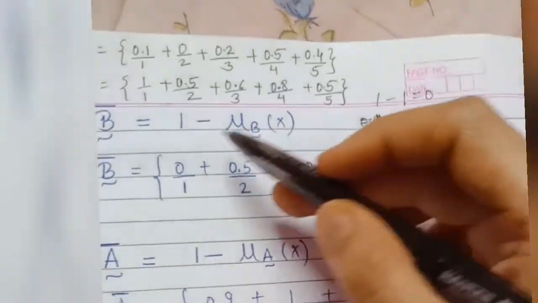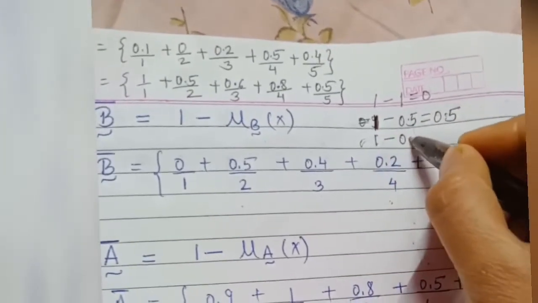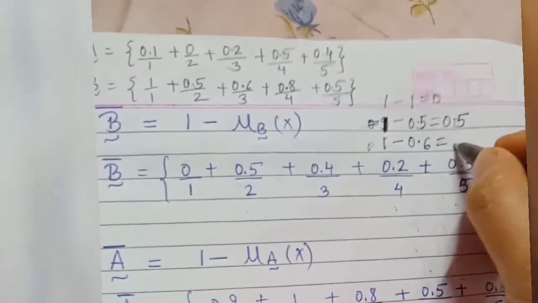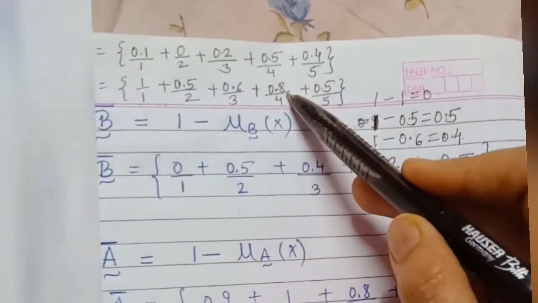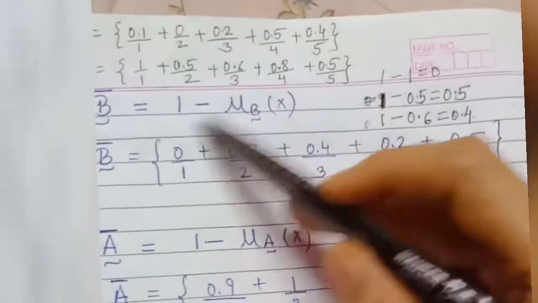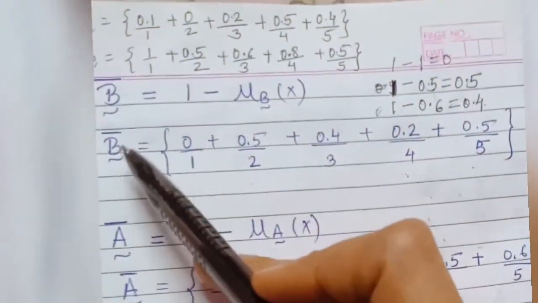Similarly with the third one, 1 minus 0.6 will give 0.4. In this way we calculate 1 minus 0.8, that is 0.2, 1 minus 0.5, that is 0.5. In this way we calculate B complement.